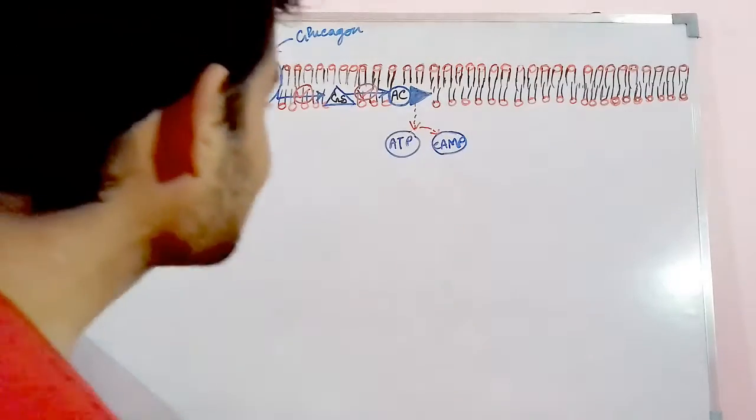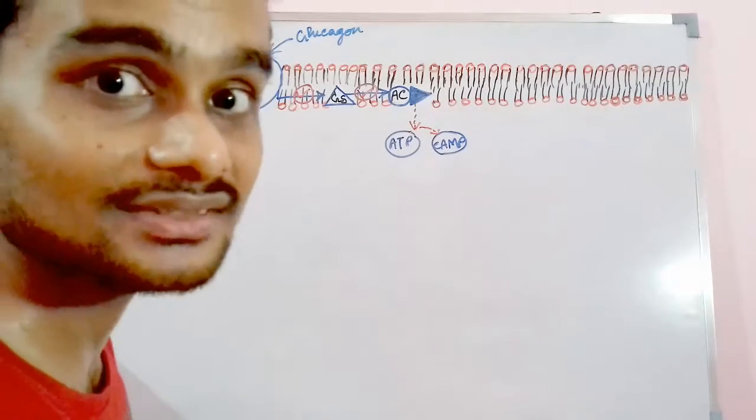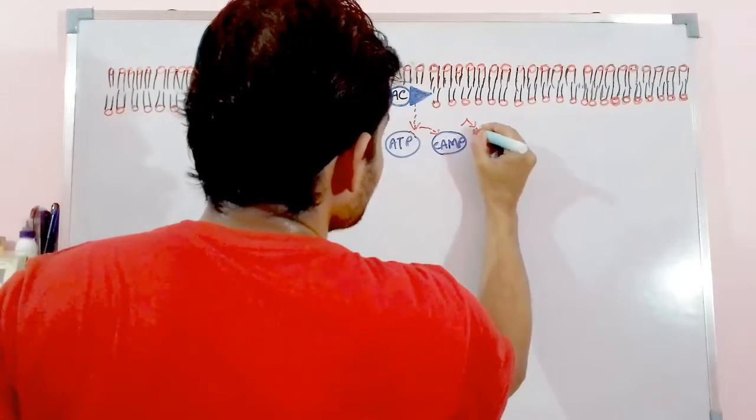The adenyl cyclase enzyme is converting the ATP to cAMP, which is thereby getting activated. Now, this molecule is in its active form.